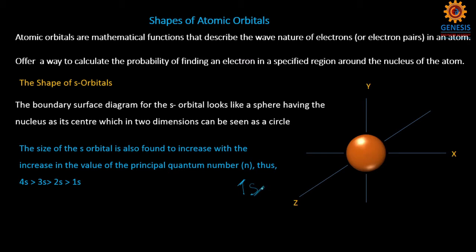So 1s is smaller than 2s, 2s is smaller than 3s, and 3s is smaller than 4s. In this way you can also tell which orbital is higher in energy.